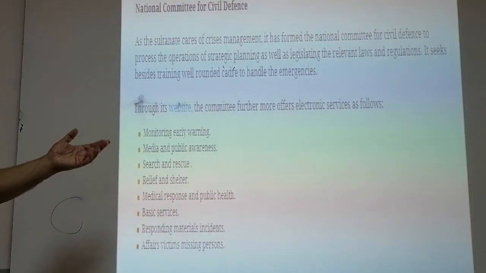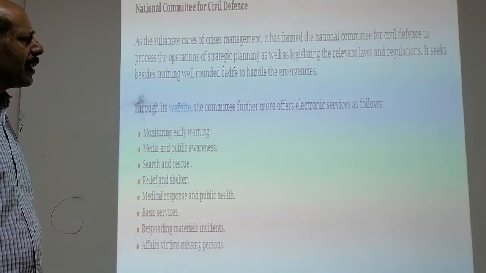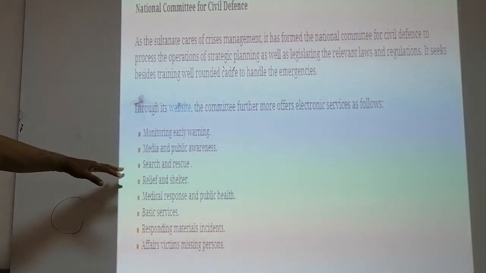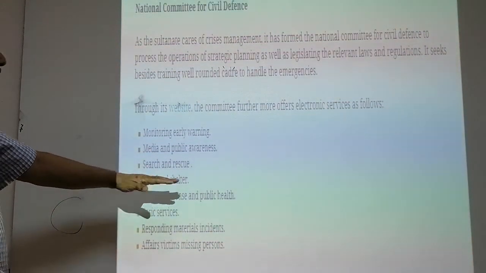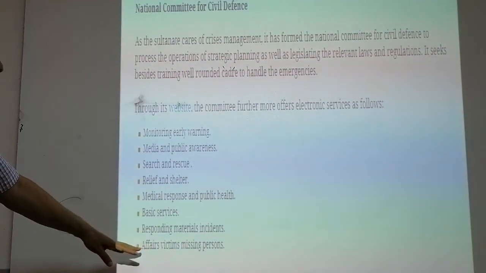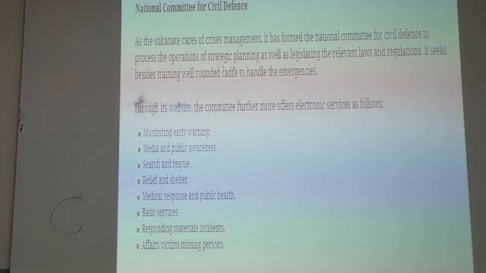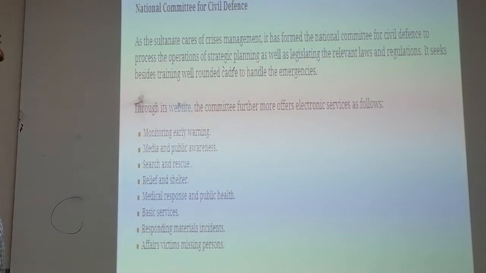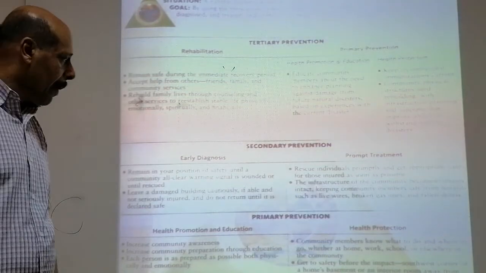Through its website, the committee furthermore offers electronic services as follows: monitoring, early warning, medical and public awareness, search and resources, relief and shelter, medical responses to public health, basic services, response to material needs, and also, if needed, following up on missing people and taking care of victims.